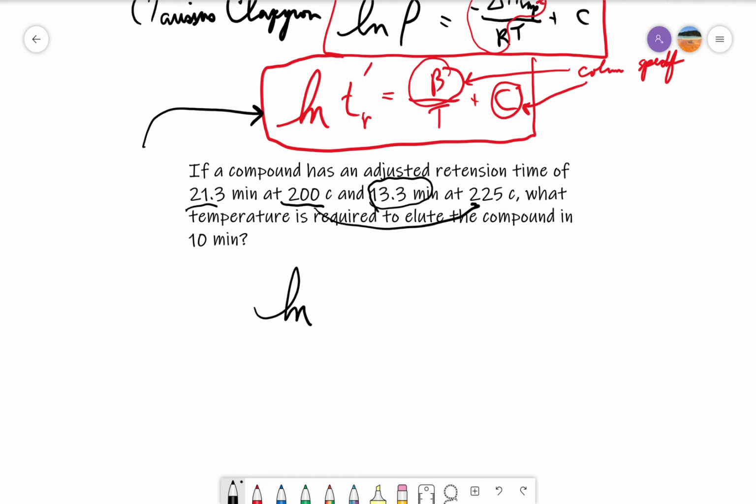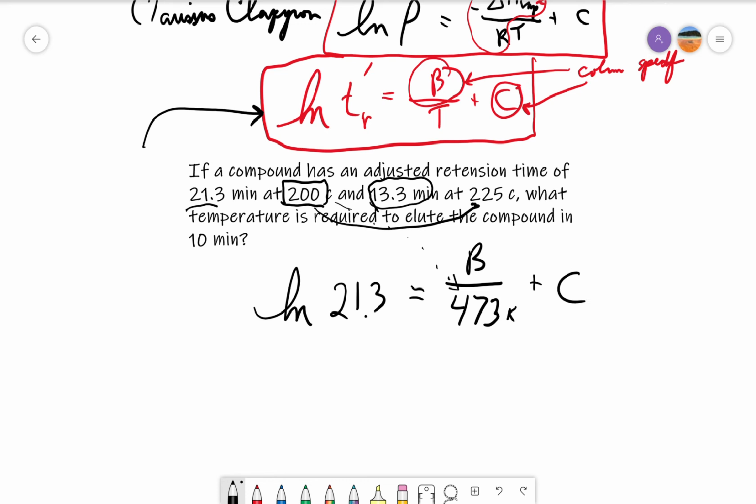From this equation, the ln of 21.3 is equal to whatever constant that is, divided by 473 Kelvin. This is the point at which I want to remind you, of course, that all of your gas calculations have to be done in Kelvin. So you have to convert between Celsius and Kelvin by adding 273.